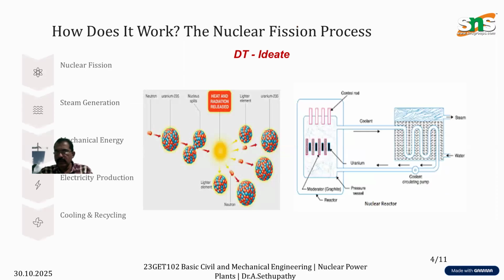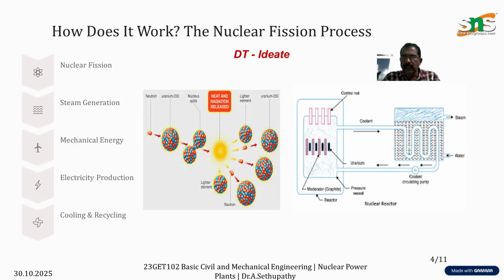This is the working principle of the nuclear fission action. The uranium will be split into two. We also know how nuclear fission happens. The first stage is nuclear fission. The nucleus undergoes fission and gives high temperatures.